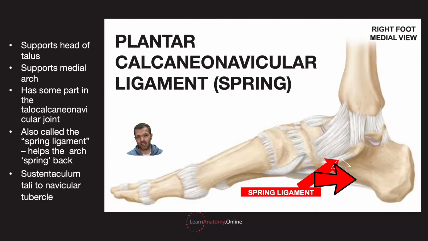It's fairly close to the calcaneus, and it's on the undersurface of the foot, on the medial aspect, so on the inside of the foot. And if you're poking and prodding around the inside of their foot and it's sore, you might think, oh, it's plantar fascia, but it could be this spring ligament that's irritated.